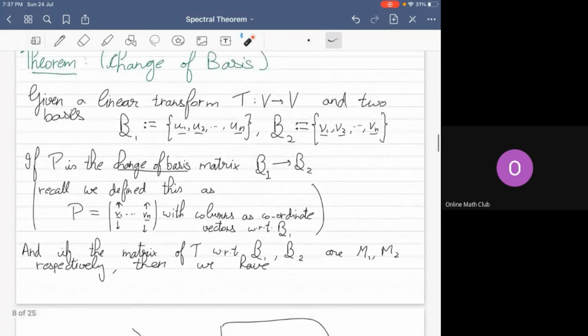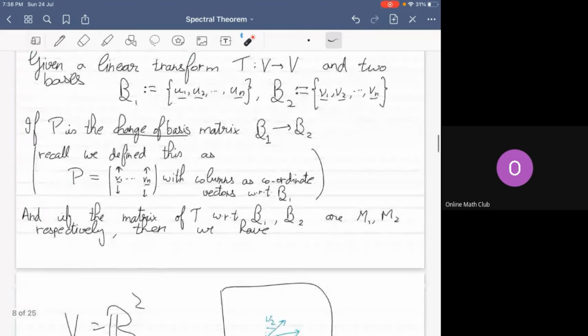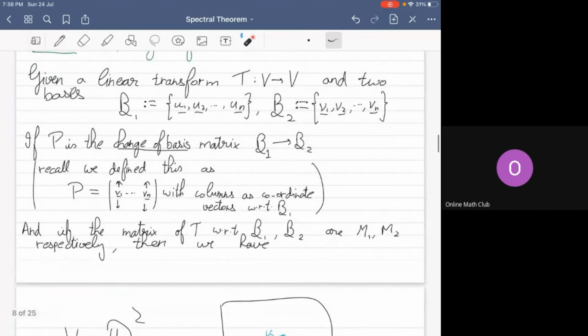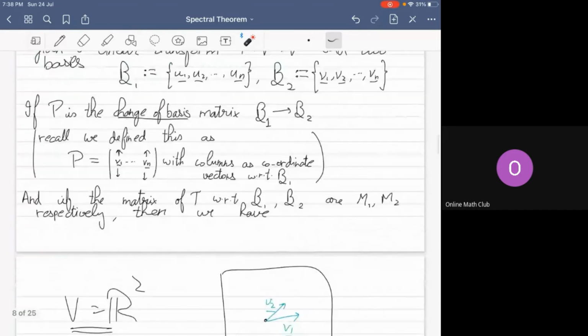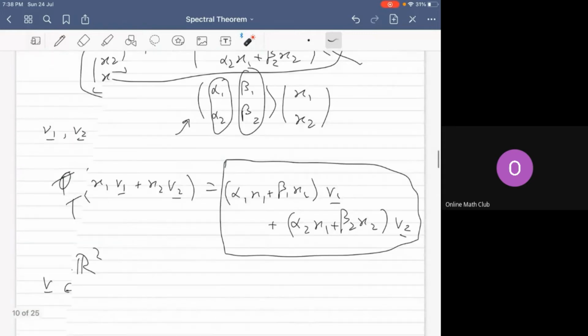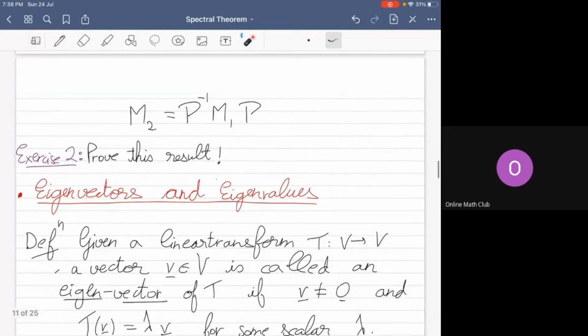Recall the change of basis matrix is a matrix that we defined, which lets us change coordinatizations from basis B1 to B2. And this is useful in the change of basis theorem, because what we get is this.